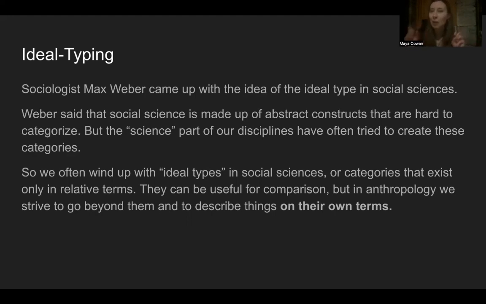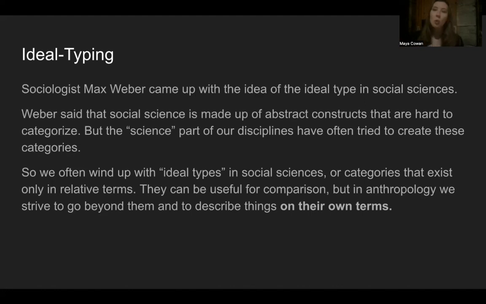And the science part of our discipline kind of doesn't like that to be quite as free-floating as it often ends up. So a lot of social scientists throughout our history as a discipline have tried to create these categories in which to fit really complicated things into neat little boxes.